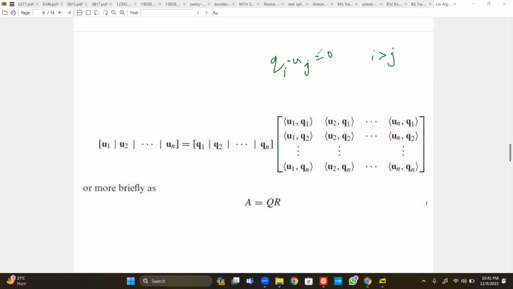Once you are guaranteed that you got the earlier Qi's and you just got a new Qi, this Qi is going to be perpendicular to all those above it, right? All the Ui's above it, but not the other way around. Am I clear? I think I could have chosen better words to explain, but I think you can give it a go after the class. You will be able to understand clearly.